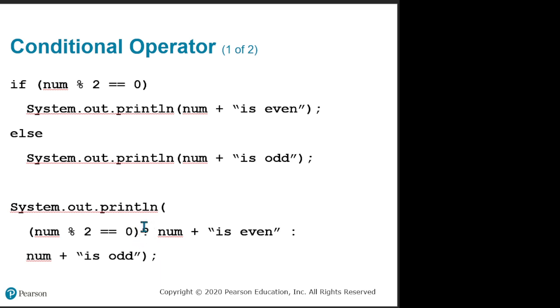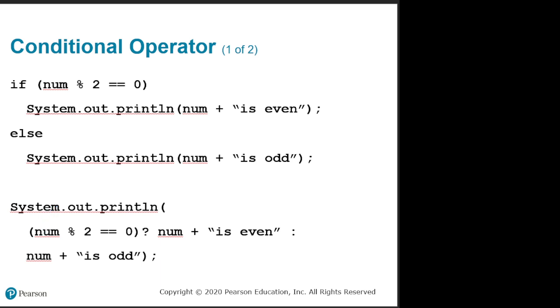The question mark makes this into an if statement, and then it will print number plus is even, else number plus is odd. So the results of this conditional operator in parentheses gets fed to the system out.println.